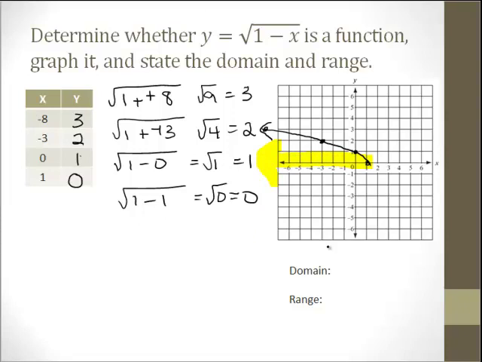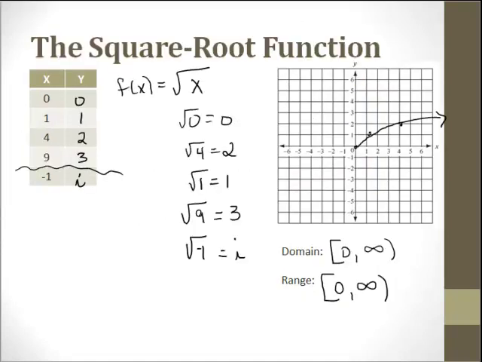So that would be starting at negative infinity and stopping here at 1, including the 1. But what about the range? The range again starts at this point and goes forever this direction. So the range would still be 0 to infinity.